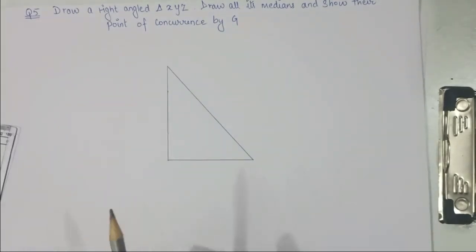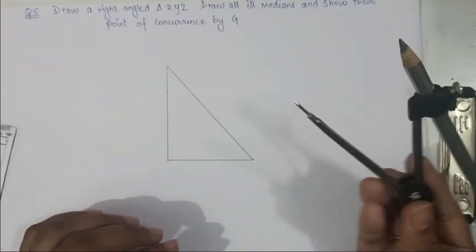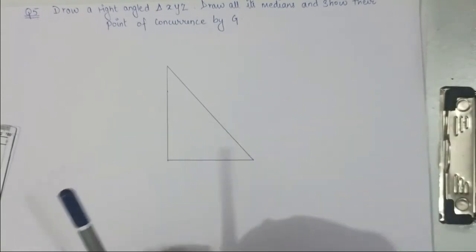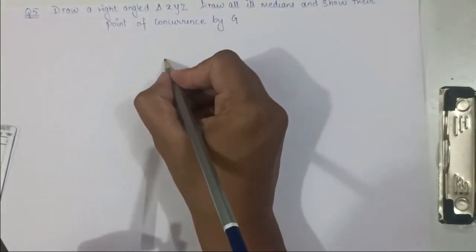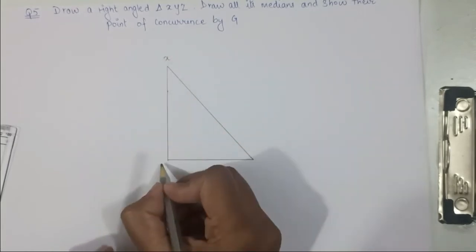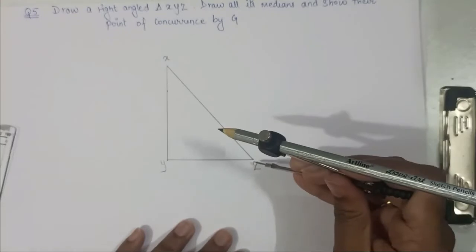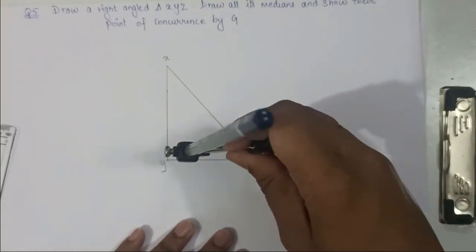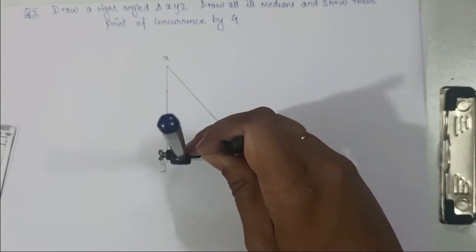Okay, children. Now we have to mark the midpoints. So we'll take the compass. First we'll name all our vertices X, Y, Z. So first we'll draw a midpoint for YZ.